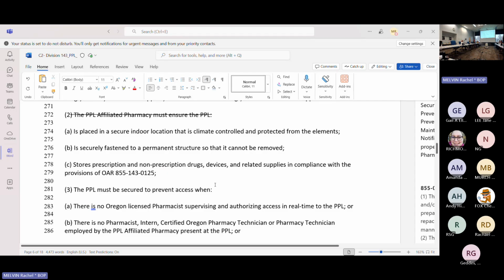If this PPL is considered, there's counseling involved, there are all of these other mitigating factors. Is the act of putting the medications in this locker considered assisting in the practice of pharmacy? And if that is the case, does the law allow that? And if the law doesn't allow that, then again, we have to go back to that problem: this is the definition, and this is what is allowed and what is not allowed.